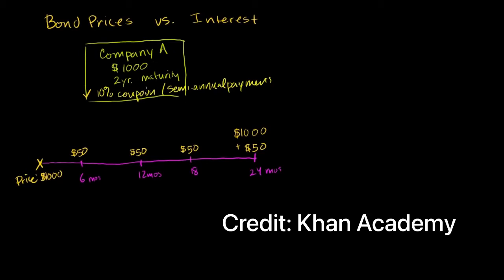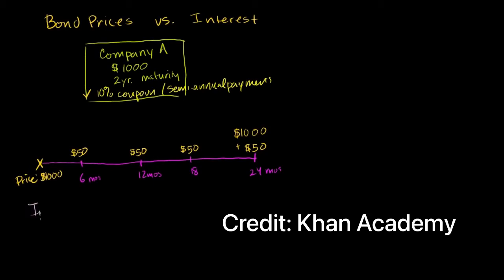Now, let's say that the moment after you buy that bond, just to make things a little bit, obviously interest rates don't move this quickly, but let's say the moment after you buy that bond, or maybe to be a little bit more realistic, let's say the very next day, interest rates go up. Let me do this in a new color.